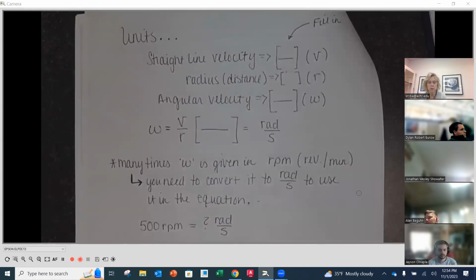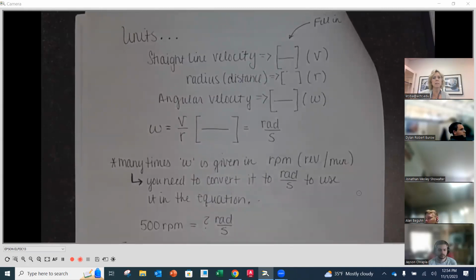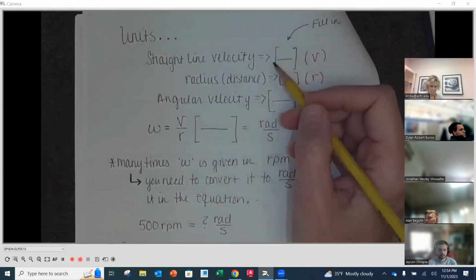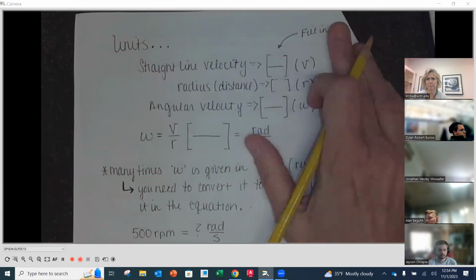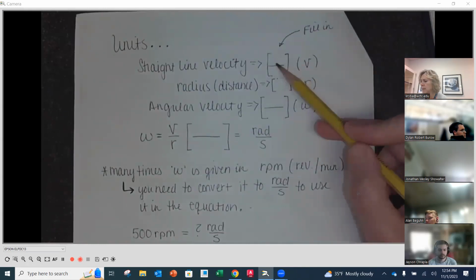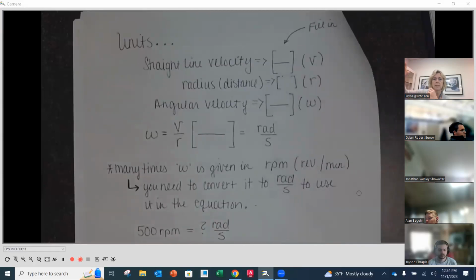So it's always important to know what we expect the final units to be for, in this case, straight line velocity, which is V. What do we expect those units to be? They can be various units sometimes. This is like a fraction, numerator and denominator. What would I put on top for the units for straight line velocity?